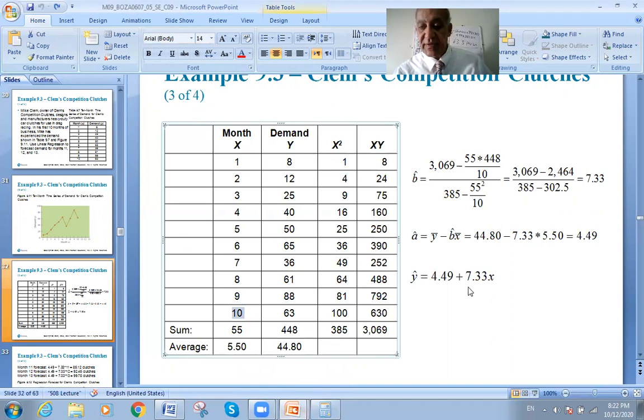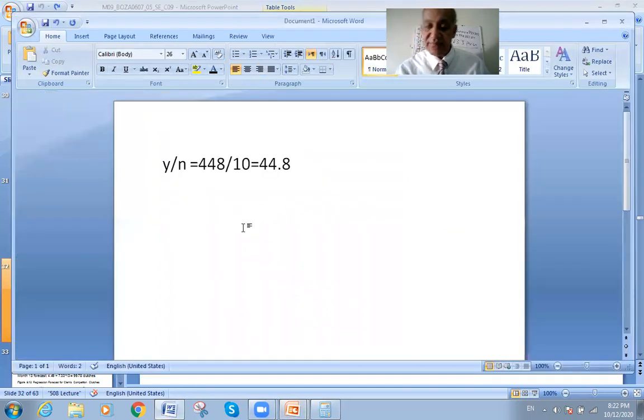So here we say a equals y dash, 44.8, minus b hat. B hat I got as 7.33, times x dash, the average of x.